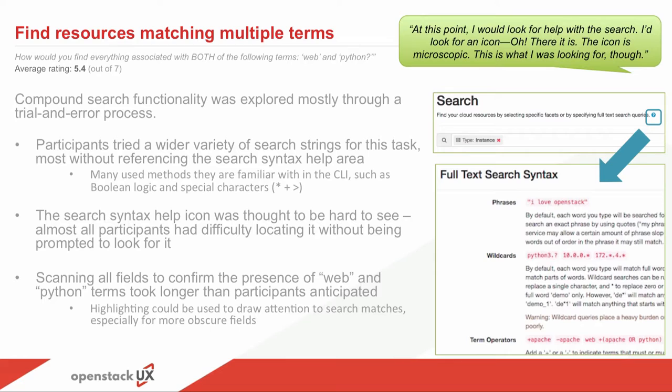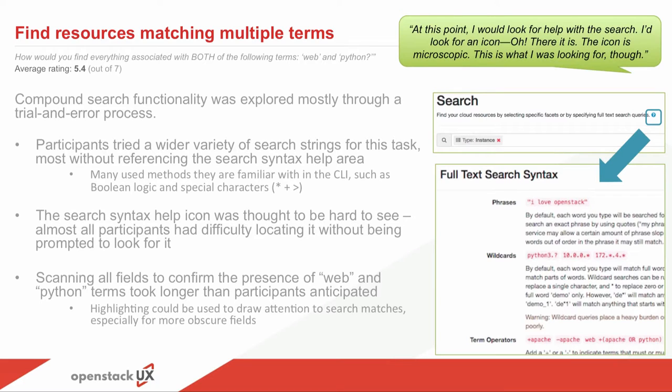As was mentioned before, it was kind of hard to see. You can see in the image on this slide, it's a very small icon after a string of introductory text, and all the participants said that they skipped over that and didn't read it. So it wasn't really something that they had seen prior to starting to look for it.